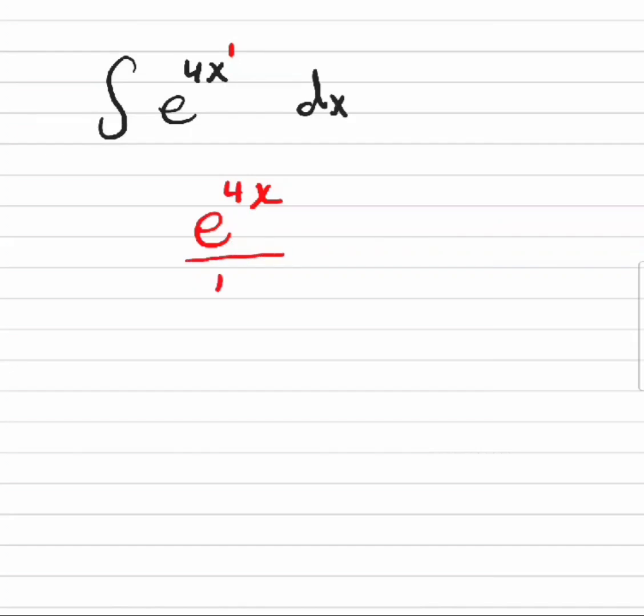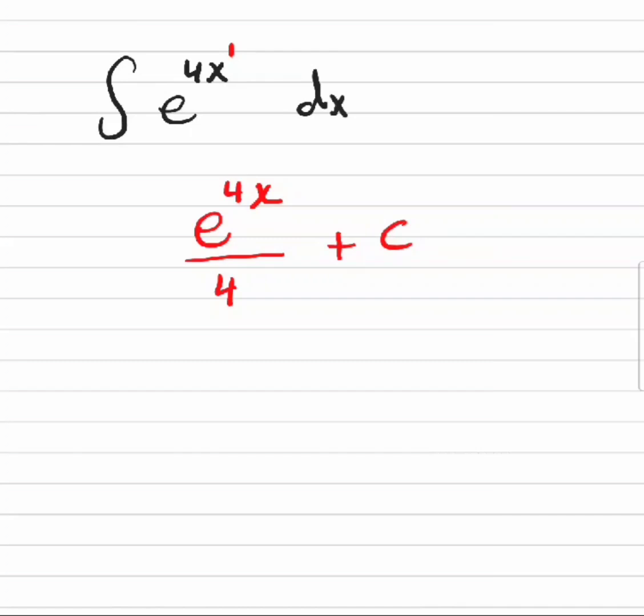Now let's move on to exponential functions. What is the antiderivative of e to the 4x? If it's e to some number times x to the first power, here's what we need to do. It's just going to be e to the 4x divided by the derivative of 4x, plus c.